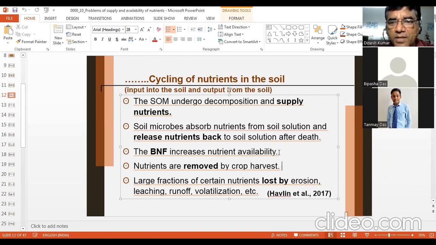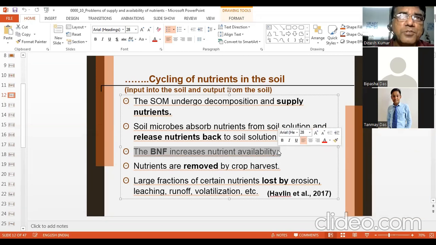Nutrients are removed by crop harvest, and here I wish to tell you that there are a number of free living bacteria that also increase the nutrient availability. It is not just nitrogen fixing bacteria like Azotobacter, Azospirillum. A number of free living nitrogen fixing bacteria are there in the soil, but some of them also mobilize phosphorus.